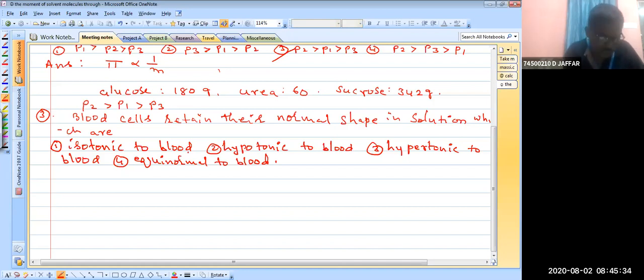See, this is the right answer. The reason is that isotonic solution does not change the shape of blood cell. That's why our answer is isotonic to blood. Next question.